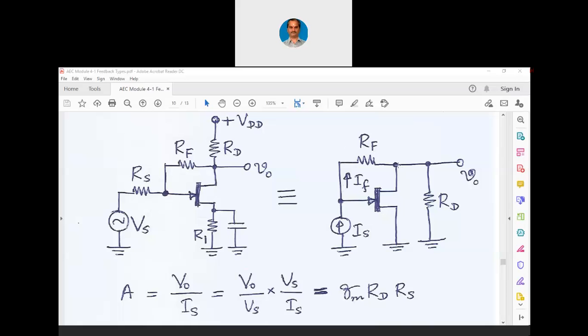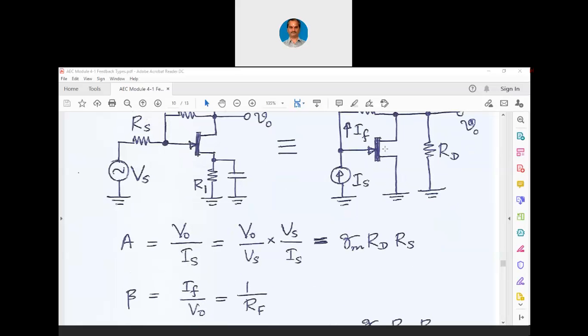Current is entering into Rf, the other end of Rf is connected to voltage. So we should write that Rf is equal to V0 by If, or 1 over Rf is If by V0. That is the feedback factor.